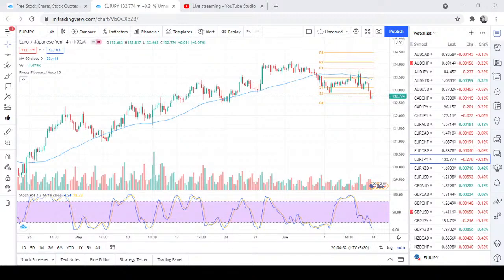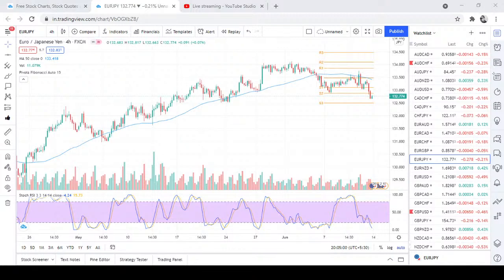So considering this 50 moving average support, we can see that right now the same support is acting as a resistance for the market. Therefore, the only trading opportunity that I see here right now is this. If the market goes up from here, observe the price when it hits the 50 moving average.